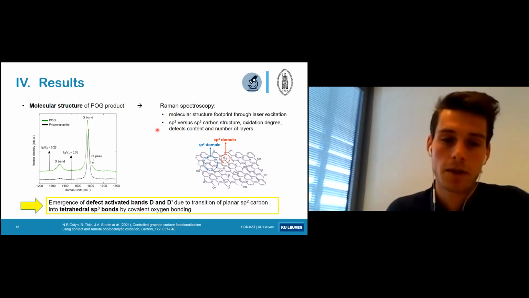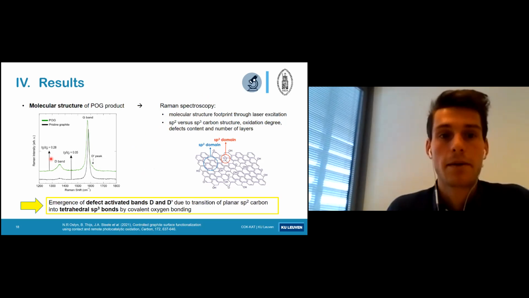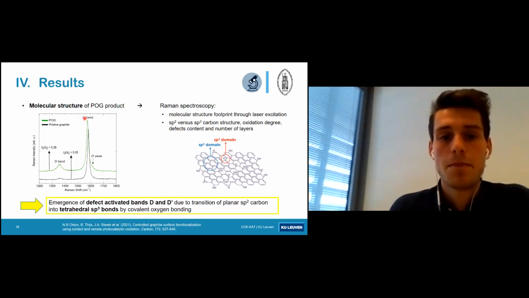The typical Raman spectrum of graphite materials and a lot of other carbon materials is characterized by a D and a G band. The D band represents structural defects and sp3 hybridized carbon due to bonding, for example, by oxygen. The G band stands for the sp2 hybridization, the in-plane stretches of sp2 carbon bonds.